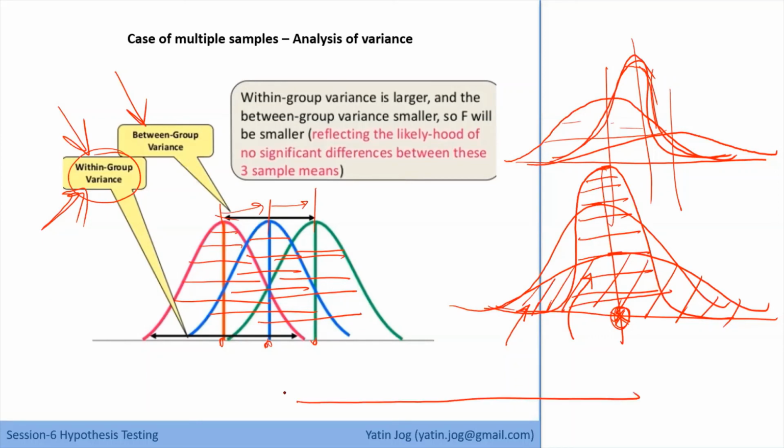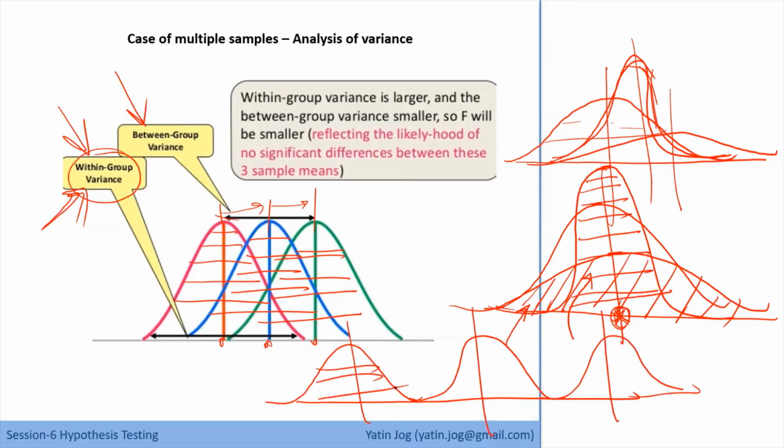Otherwise, I'll get 3 distributions something like this. For all 3 distributions the within group variance is almost similar, but the between group variance is very large. So I can say they have similar behavior, but the mean value is totally different.